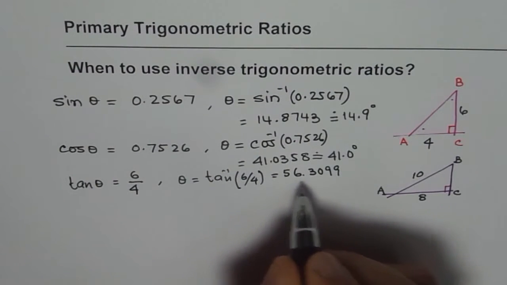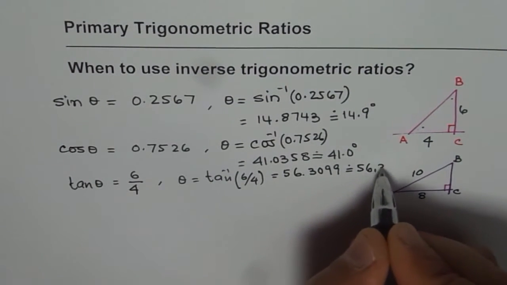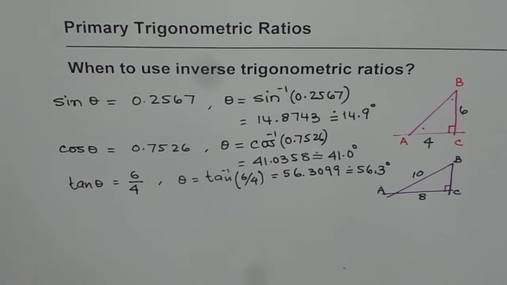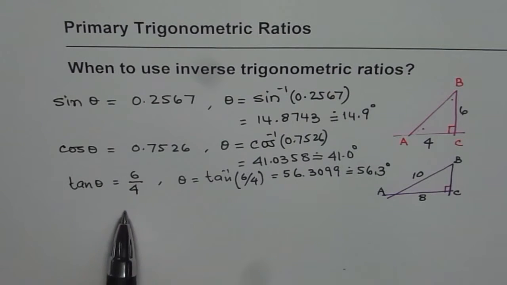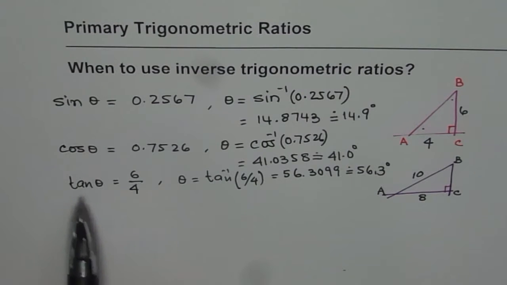Now that can be rounded to, let us say, 56.3 degrees. So now you can appreciate how we can find an angle using inverse, right? So you can always use the inverse of the trigonometric ratio to find the angle.